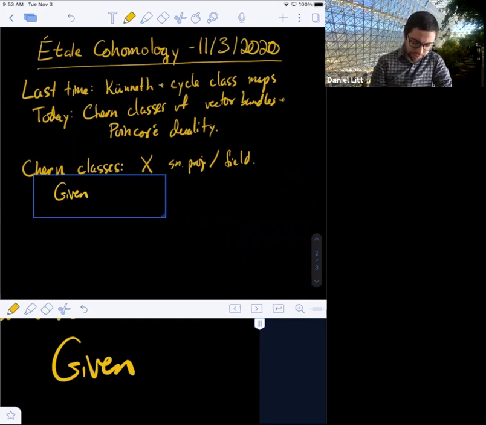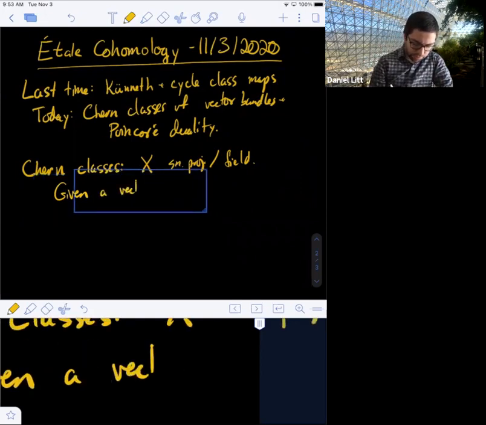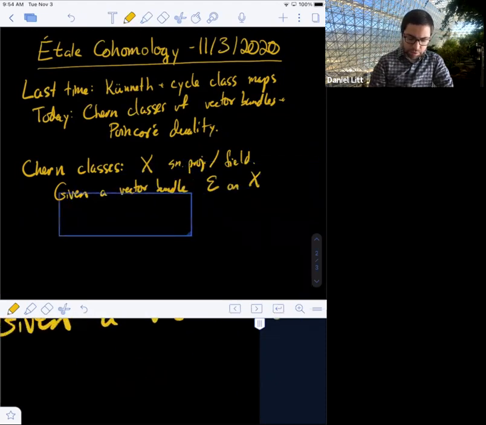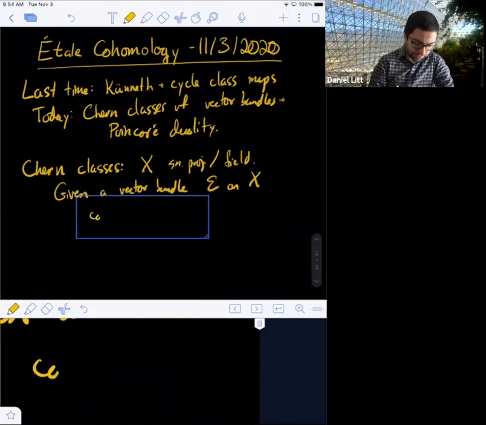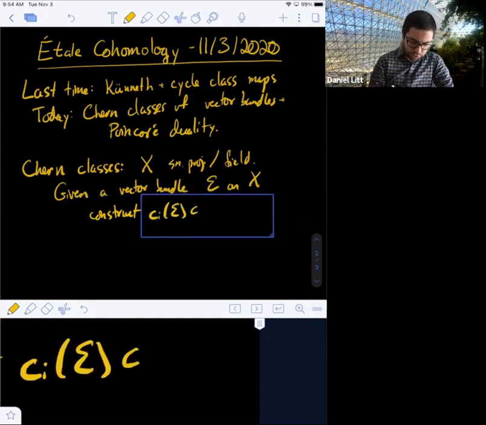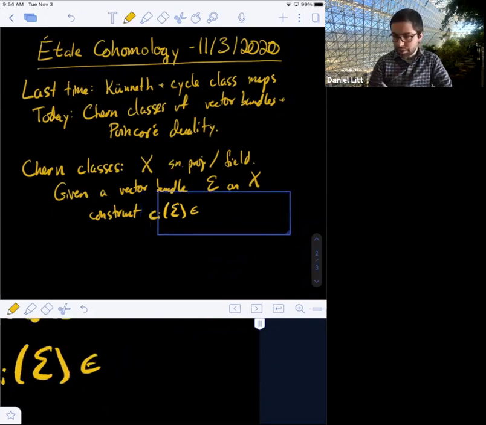So given a vector bundle E on X, the goal will be to construct classes, so Chern classes c_i of E. In singular cohomology, you generally think of these as living in just H^{2i} of X with coefficients in Z. And there's a twist to take care of here, just like in cycle class maps.